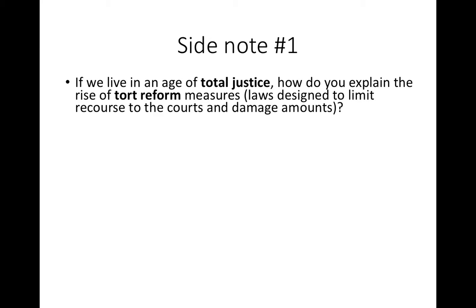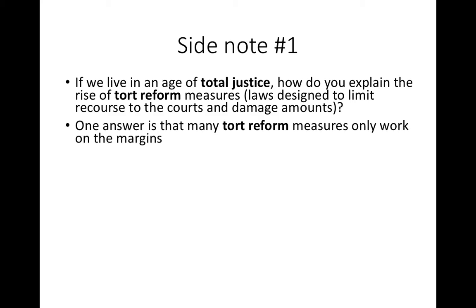But tort reform refers to laws that are designed to limit people's recourse to the courts, essentially their ability to file injury lawsuits, as well as limiting the amount of damages that people can sue for or recover. So, for example, in California, medical malpractice cases are limited to $250,000 in the case of injury due to medical malpractice, no matter how severe the injury is.